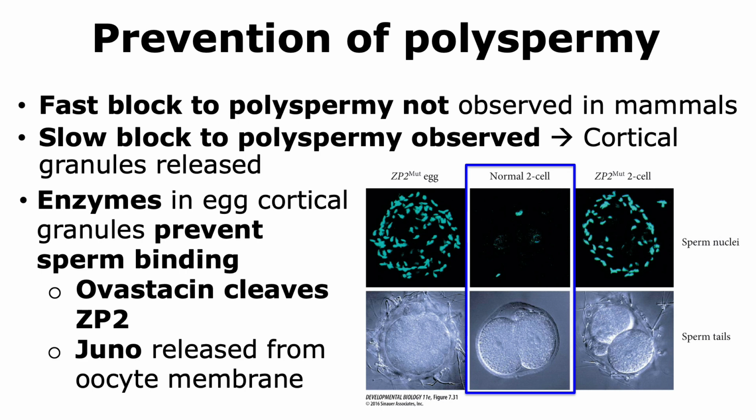Now, this particular egg has the normal ZP2 which would have gotten cleaved. When we look at the cell which has the ZP2 mutant that cannot get cleaved, and we observe it at the two-cell stage, we still see plenty of sperm interacting with the cell. And thus, we need the cleavage of ZP2 to prevent polyspermy.